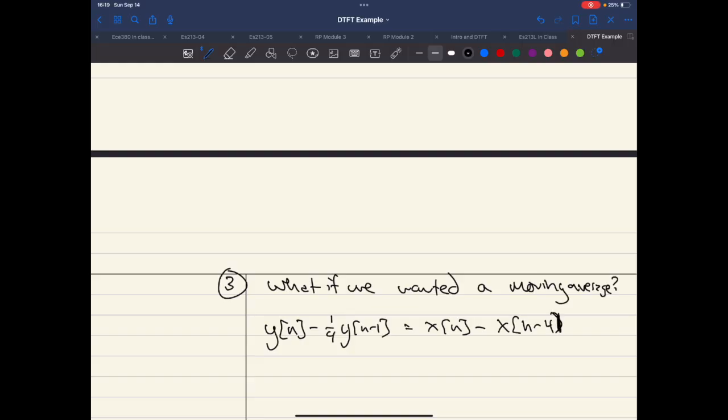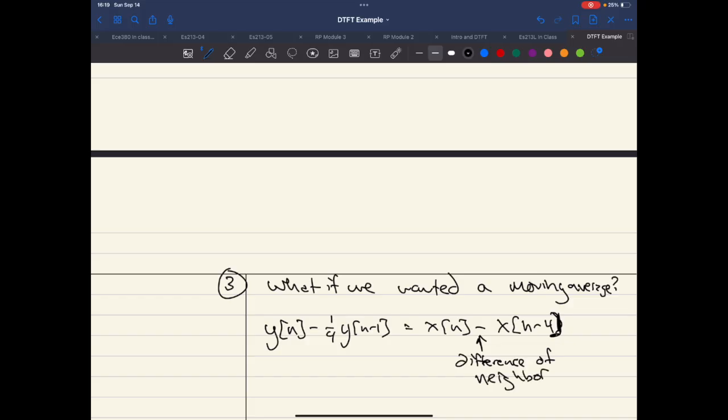So there's a couple of problems with this expression right here. The first one is that this is looking at a difference of neighbors.